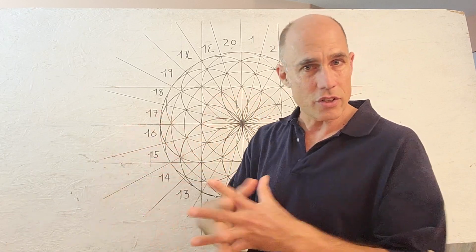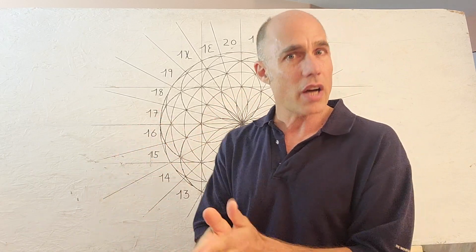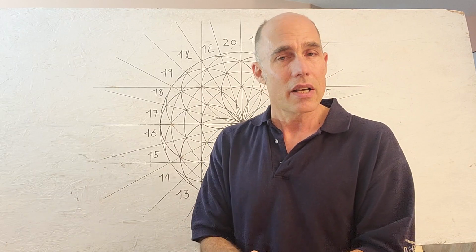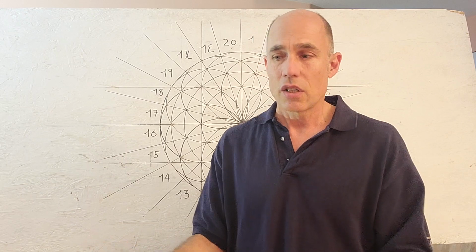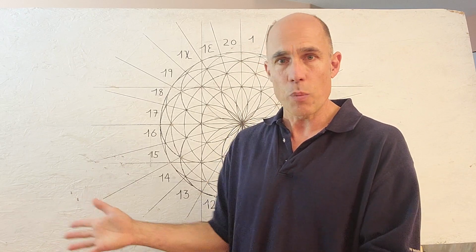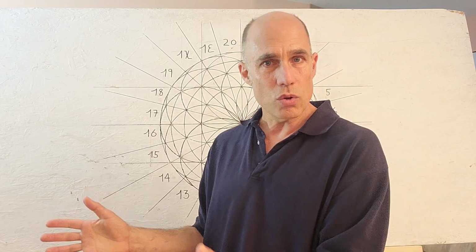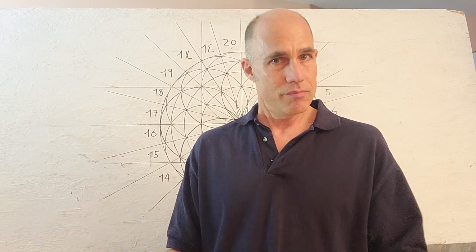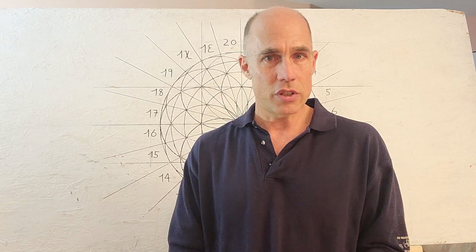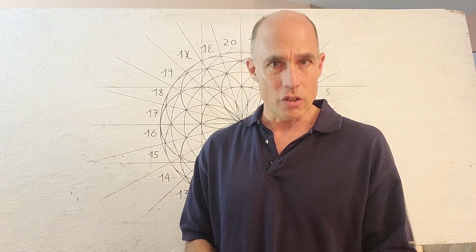Everything fits together just like a lock and key, and that doesn't happen in base 10. That's why you've missed all of this geometry. So I'm revealing to you, it's like a door that opens up into a whole new way of looking at the geometry of the circle. This is what the base 12 version of the dodecagon looks like.